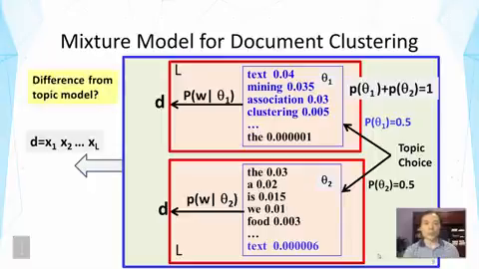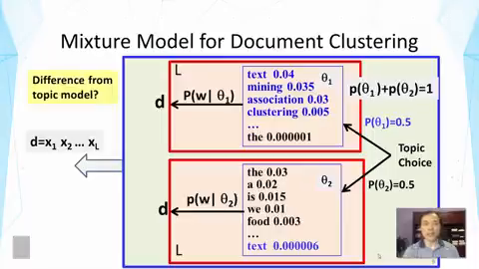So it will be useful to think about the difference from the topic model, as I have also mentioned multiple times. And there are mainly two differences. One is the choice of using a particular distribution is made just once for document clustering model, whereas in the topic model it's made multiple times for different words.